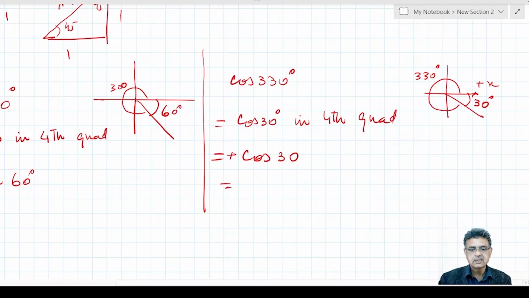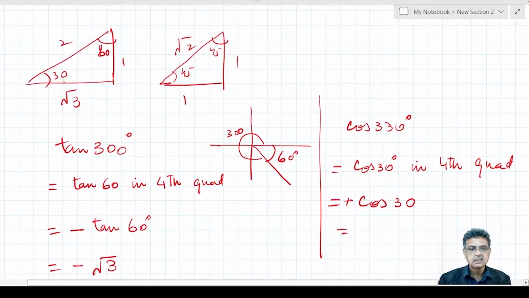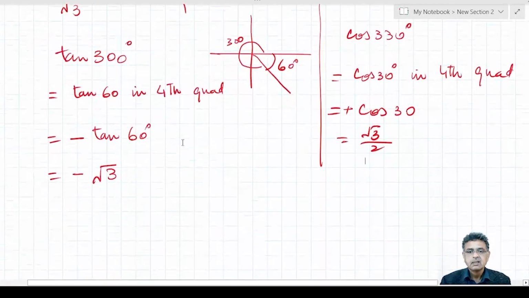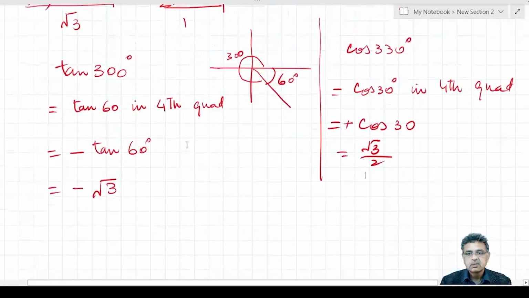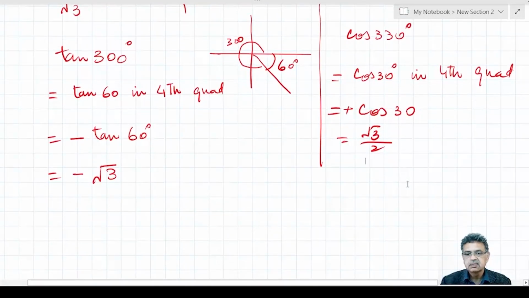Now the value of cos 30 degrees we can find from here. You can see that this is 30, adjacent over hypotenuse. So that will be root 3 over 2. Solving without using a calculator and this type of conversion is the basic concept of trigonometry.